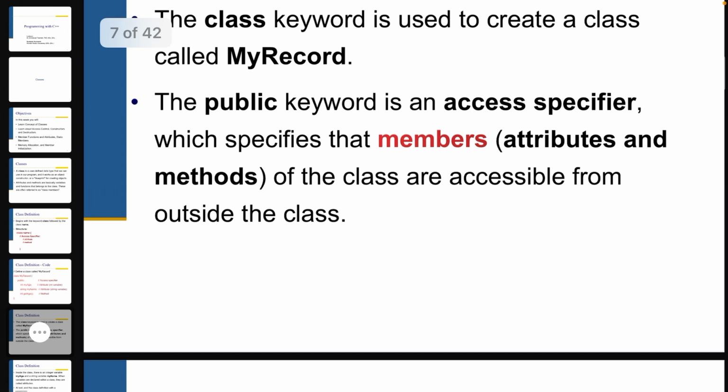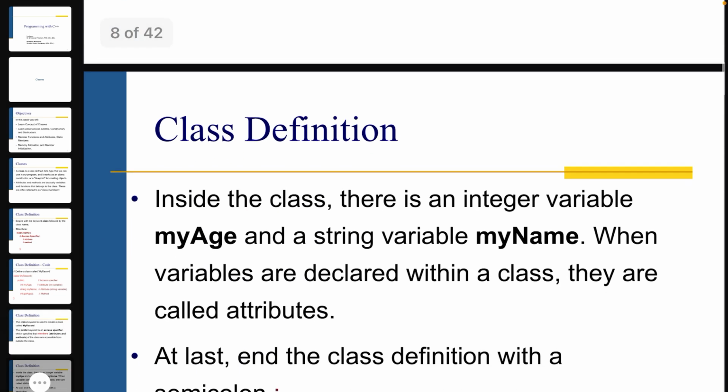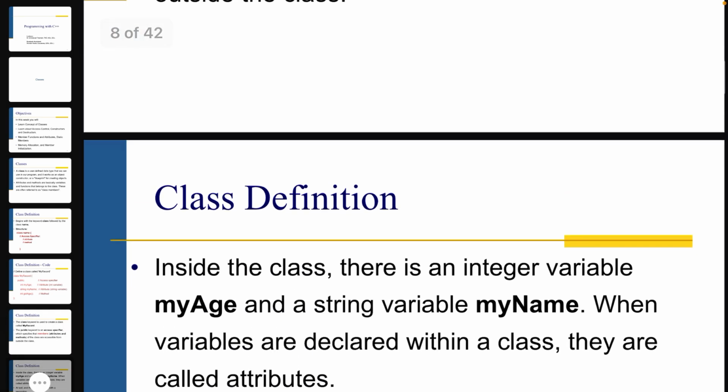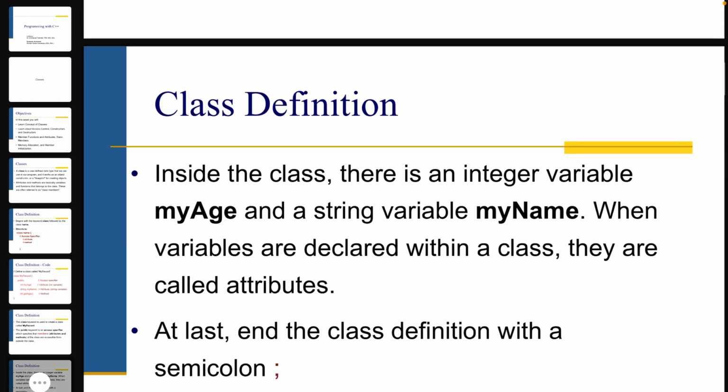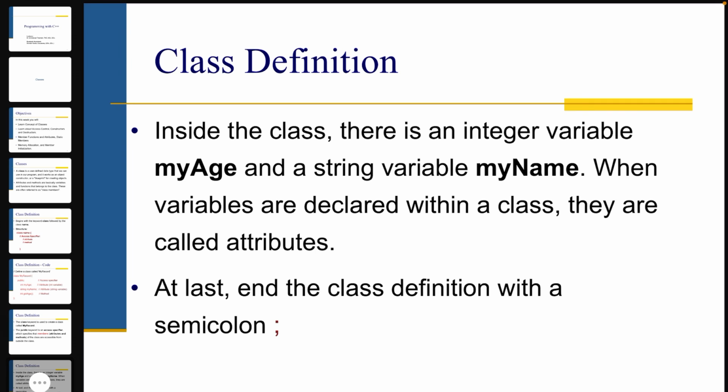So with public, it can be accessed outside the class, but as time goes on, we will learn about private. Inside the class, there is an integer variable, myAge, and a string variable, myName.